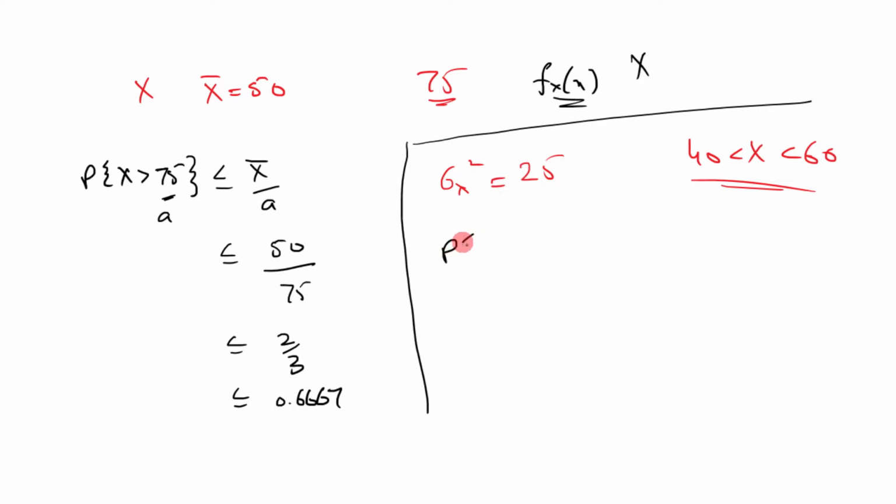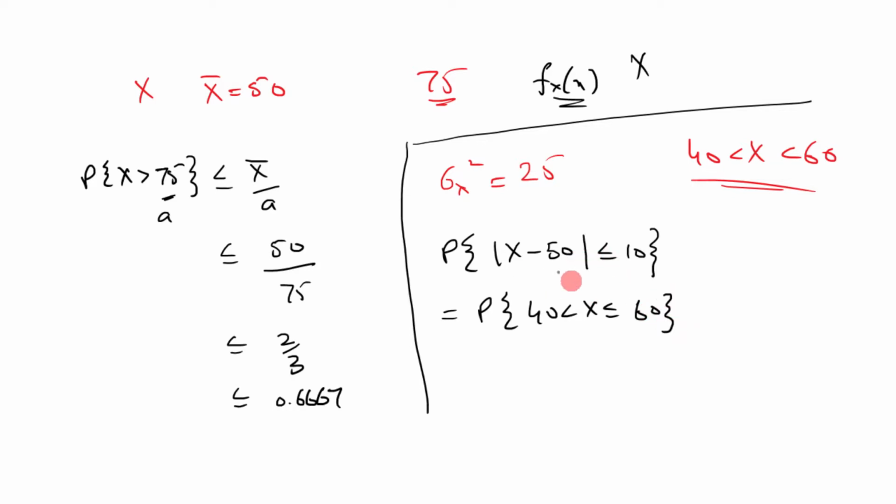So we are interested to calculate this thing: x minus 50 less than equal to 10. If you expand it, it will be equal to 40 less than x less than equal to 60. It is simple mathematics.